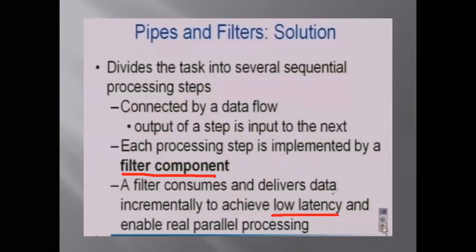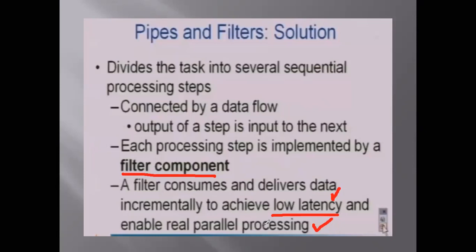While we have to keep two important things in mind, it provides us low latency, and it gives us real parallel processing. The added advantage of the filter is that it can receive the data incrementally. What we mean by this is, whenever a data stream is being delivered by an input device or some source, the filter will not wait for the entire message to come.